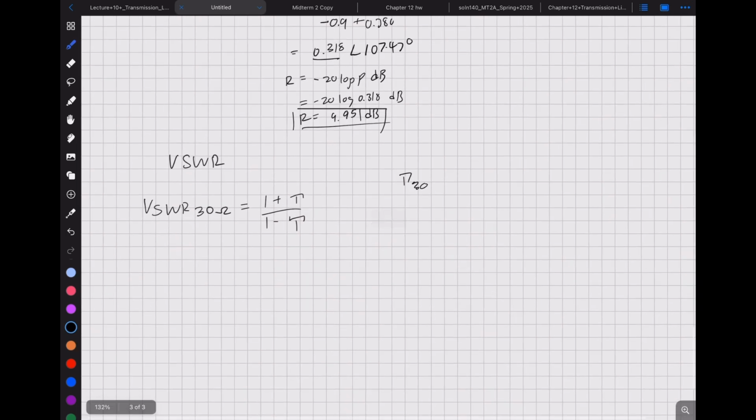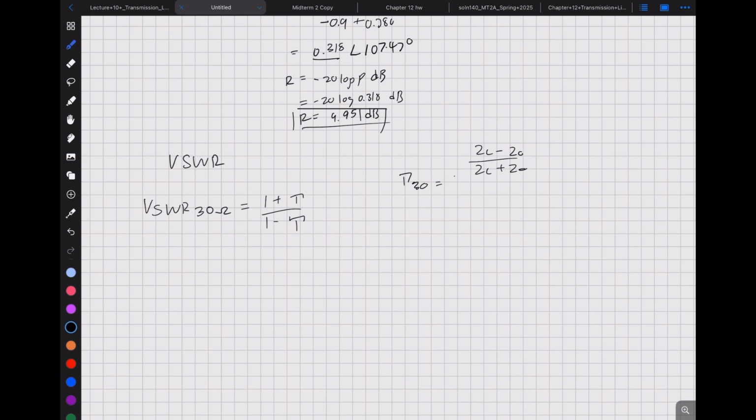So when we're finding the gamma of this, the equation can also be written as ZL minus Z0 over ZL plus Z0. So when you're trying to find the VSWR on a certain line or load, the Z0 is going to be that number.